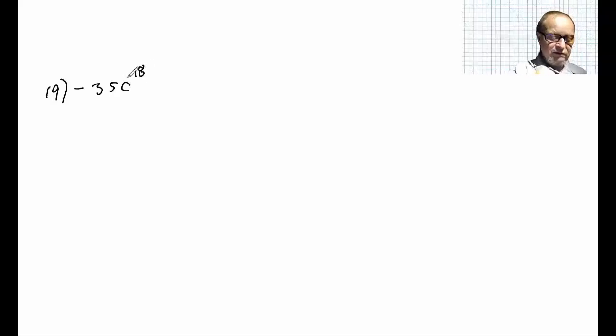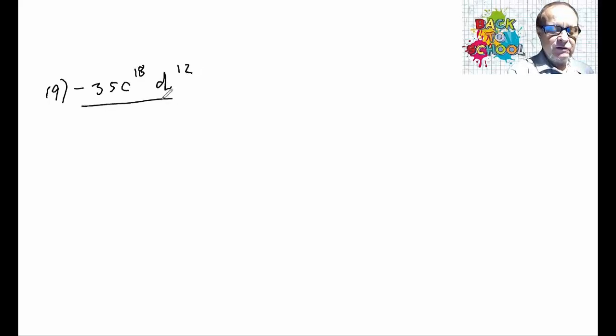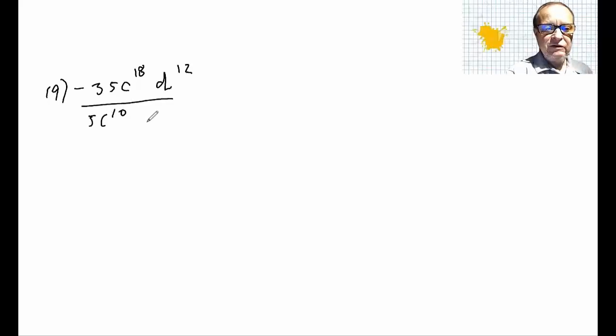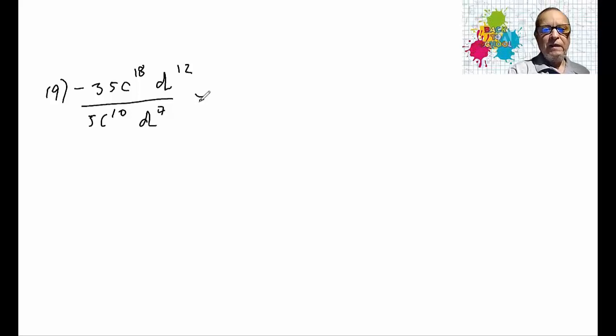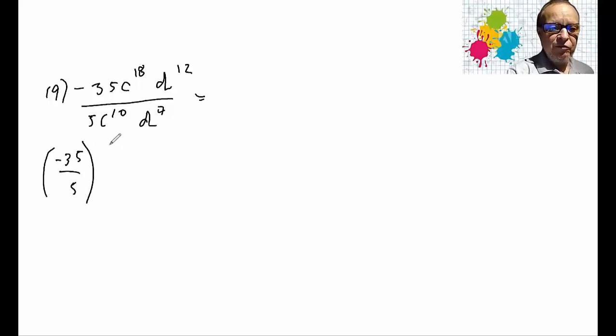In example number 19, we have negative 35c to the 18th, d to the 12th, divided by 5c to the 10th, d to the 7th. And as before, I'm going to put my numbers in one bracket and work that out. And then I'll put my c's in the next bracket.